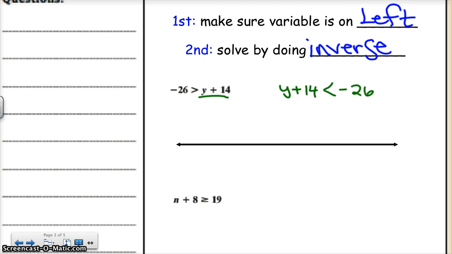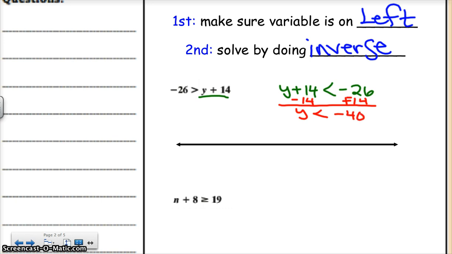Now, how do I move that 14? Minus 14. It is plus 14, so the opposite is going to be minus 14. And I get y is less than, this is plus a negative. They're the same sign, so I just add them up and keep the sign they are. So it would be negative 40.